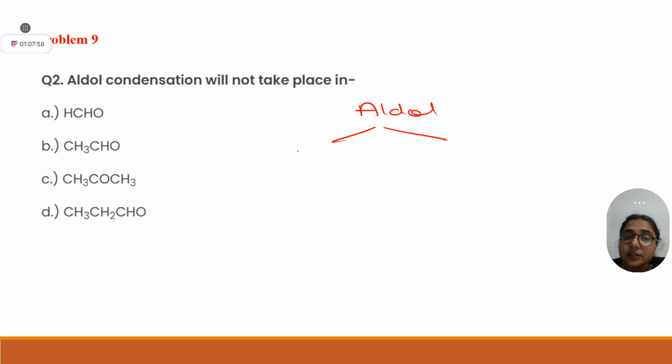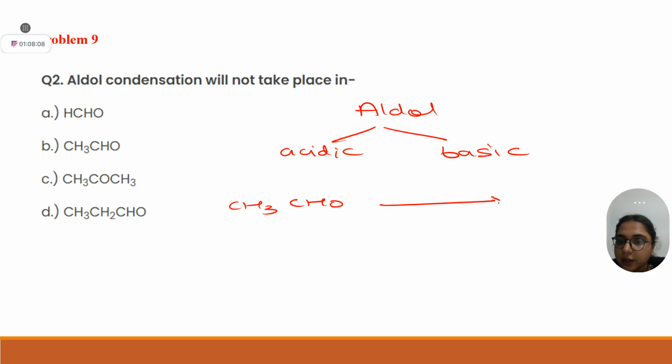One thing I want to clear, students: the aldol reaction can take place in two conditions, acidic and basic. Just for knowledge, I am telling. Let's say you are given CH3CHO and on the arrow it is written NaOH. NaOH is a strong base, it will abstract a proton.